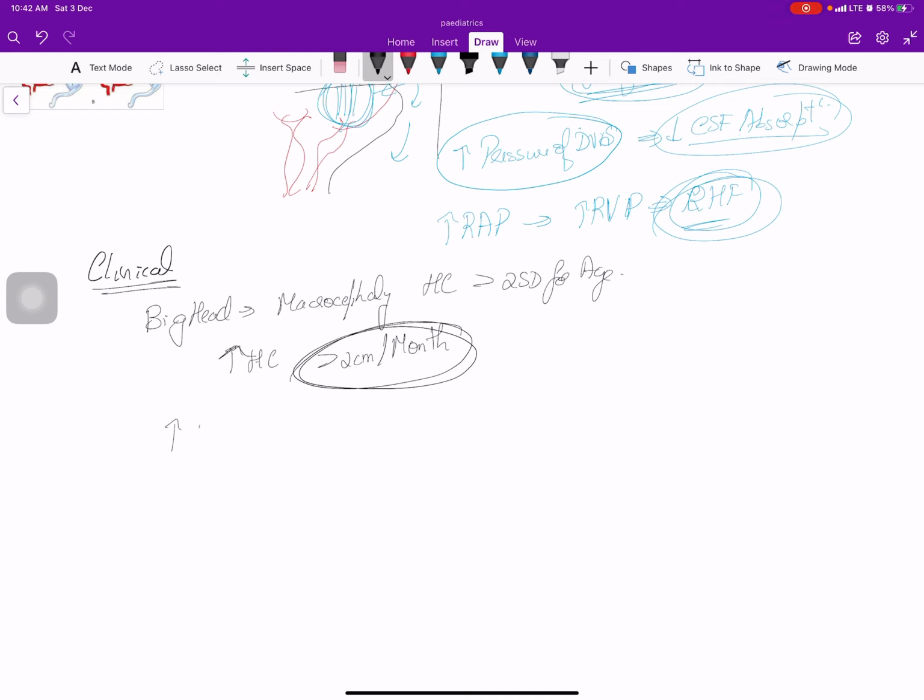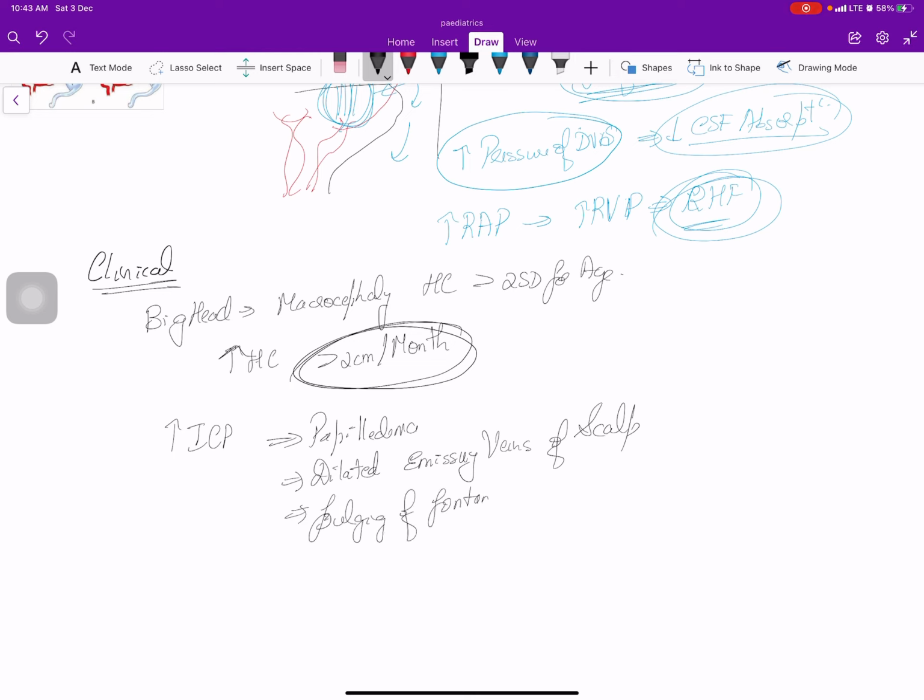Then we have an increase in intracranial pressure, which would obviously cause papilledema. It will cause dilated emissary veins of scalp, a bulging of the fontanelle, and a wide separation of the unfused sutures.